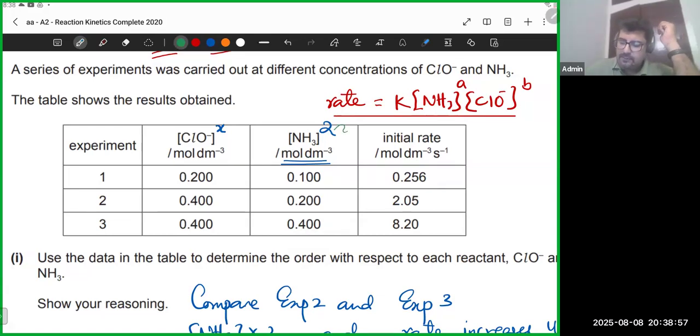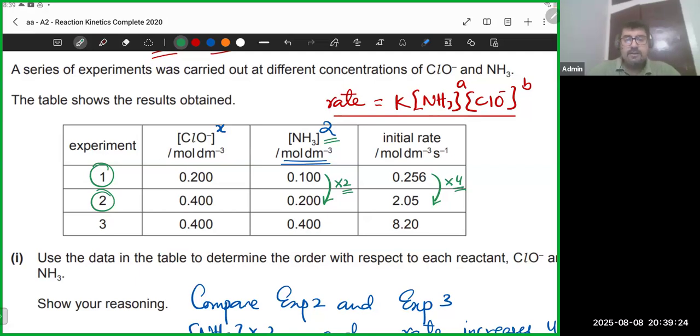What you can do is, you know that this is order 2, right? Order 2 means that if you just look at experiments 1 and 2, this is doubling, right? So that means my rate would quadruple, right? It will become 4 times because order 2 means it's going to become 4 times.